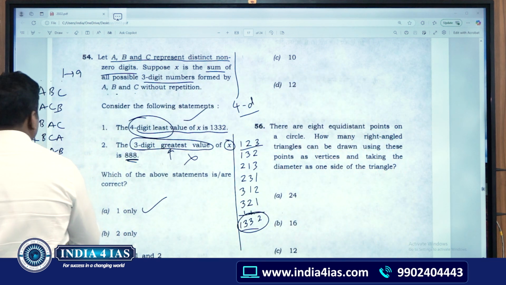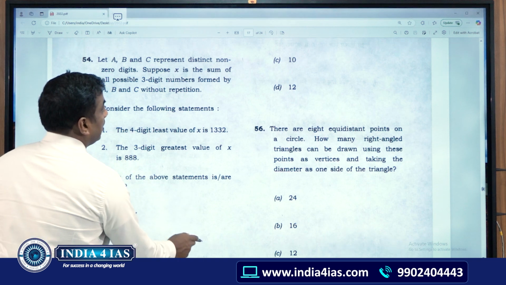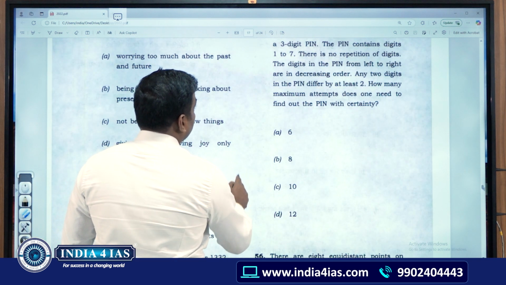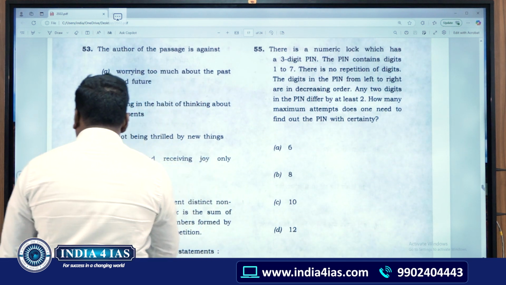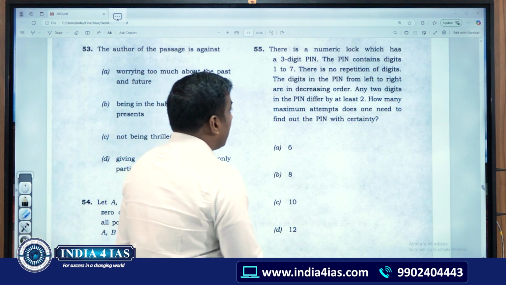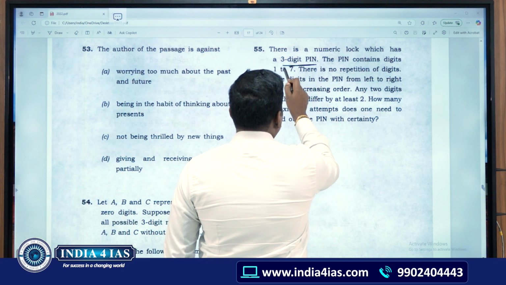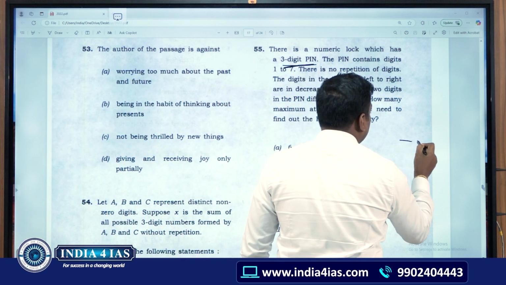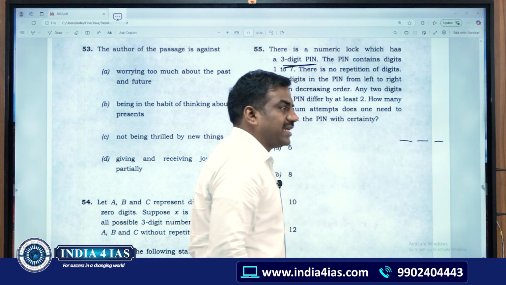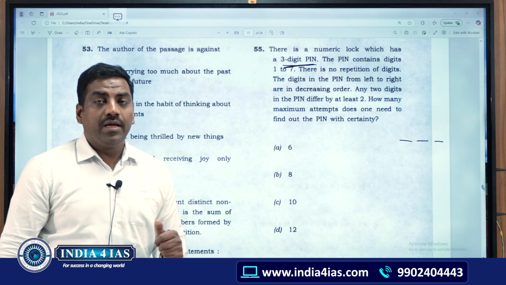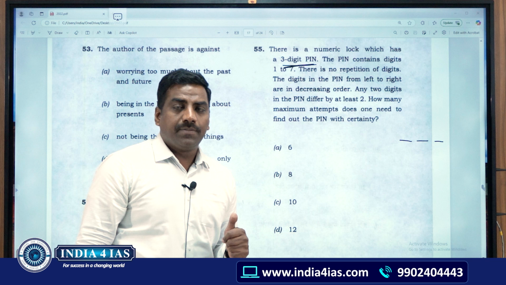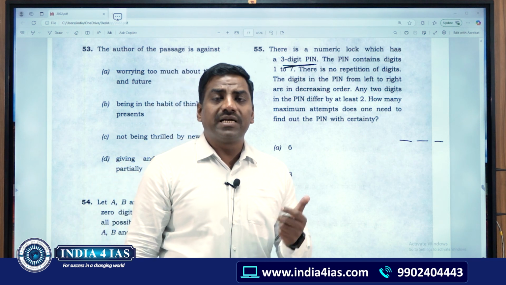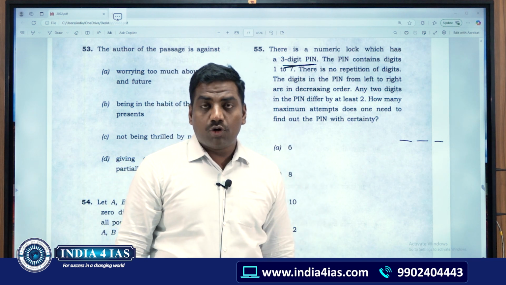Let us go to the next question. So 54 is done. Now 55. There is a number lock which has a 3-digit pin. So this is as usual, 3 digits will be there, especially in suitcases and all. We find this 3-digit pin. Usually it contains 0 to 9.